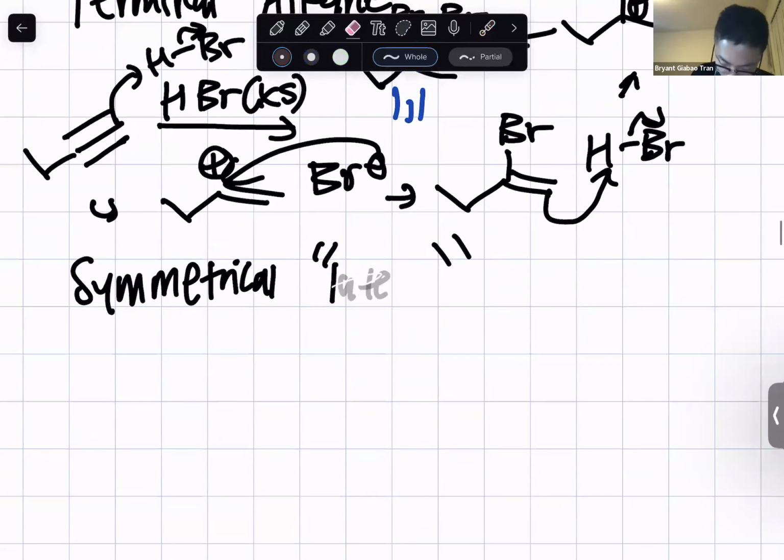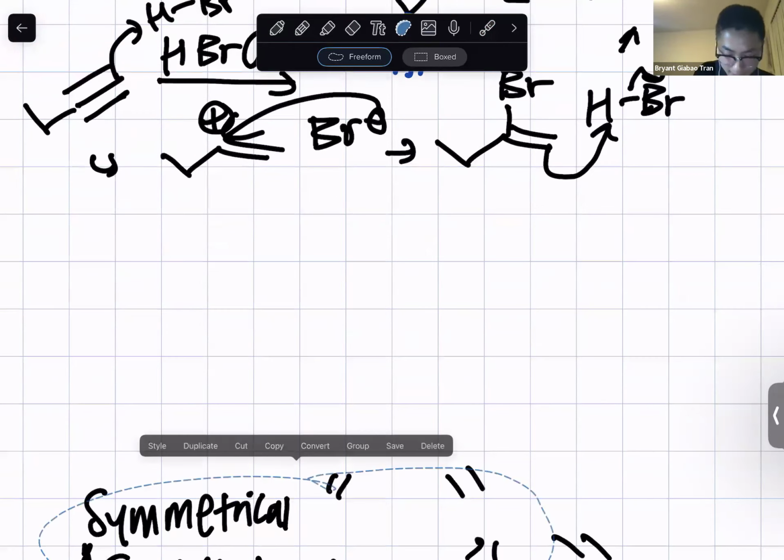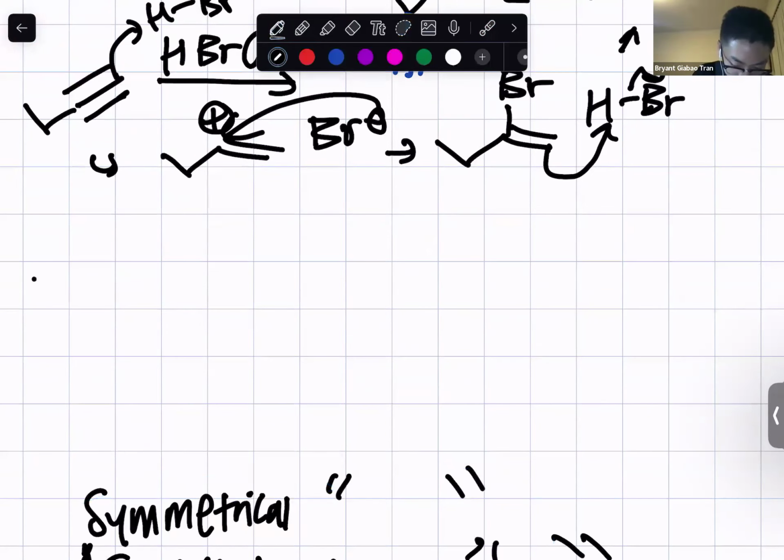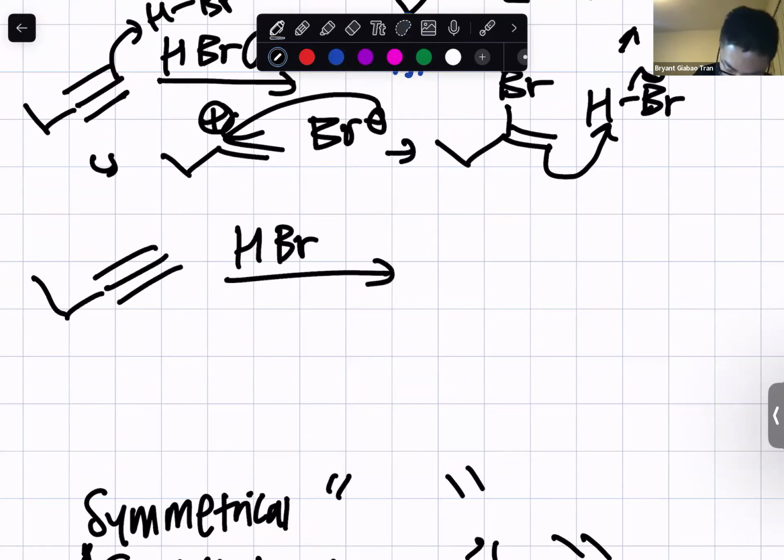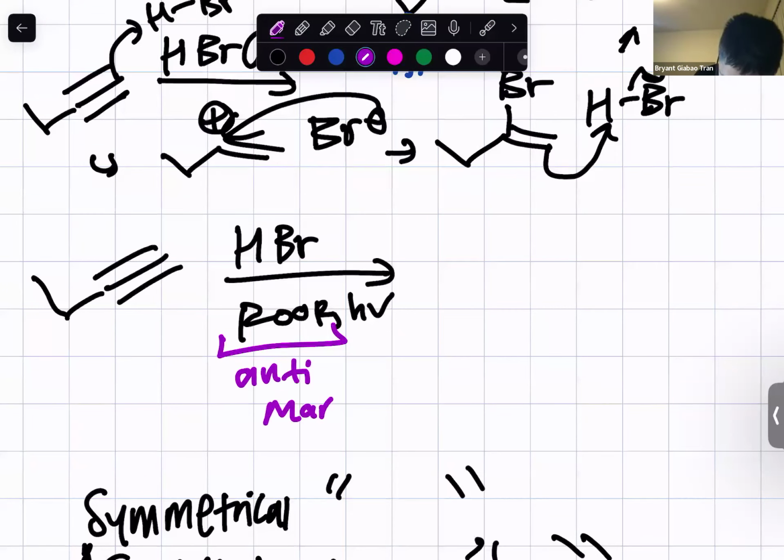Okay. So now let me go over a different thing with you because that was the Markovnikov version. There is an anti-Mark version. If you have HBr and ROR with light, think of anti-Mark, where the bromine is going to attach on the left side, which is this carbon here. So let's just draw that in.